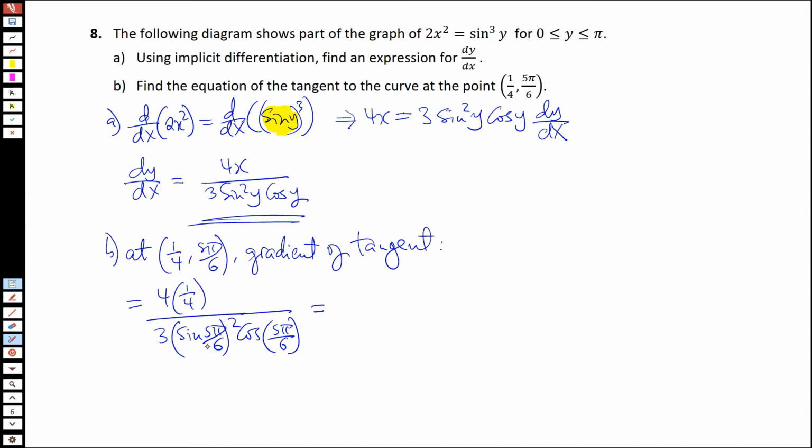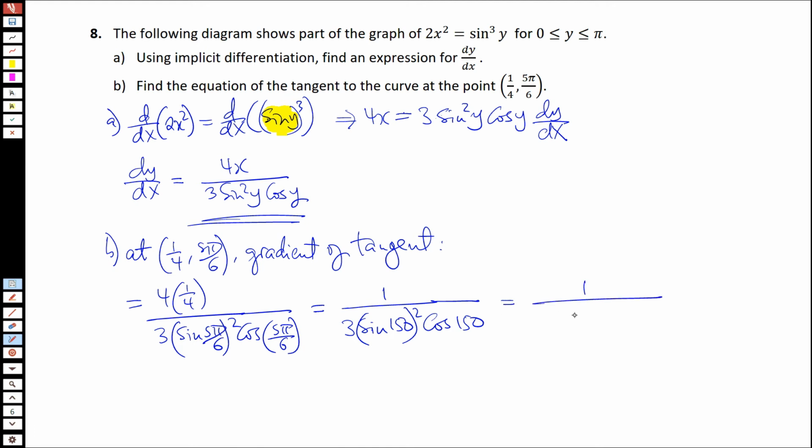Okay, now 5 pi over 6, well, the numerator will be 1 because a quarter of 4 is just 1. And the denominator will have 3 multiplied by sine of 150 degrees squared and multiplied by cos of 150 degrees.